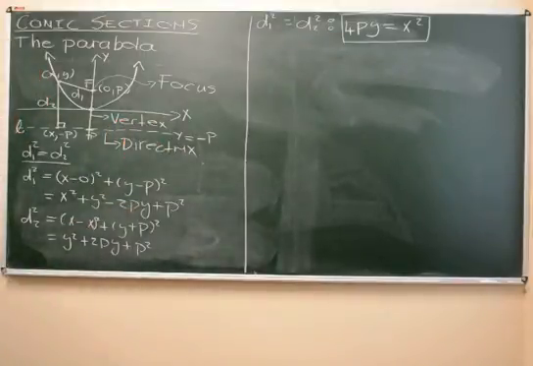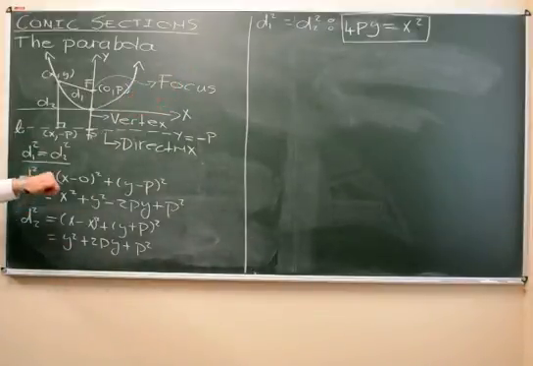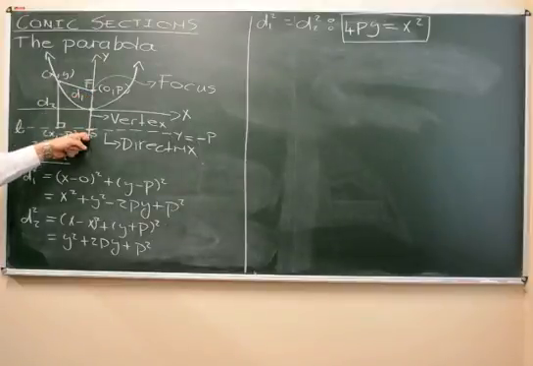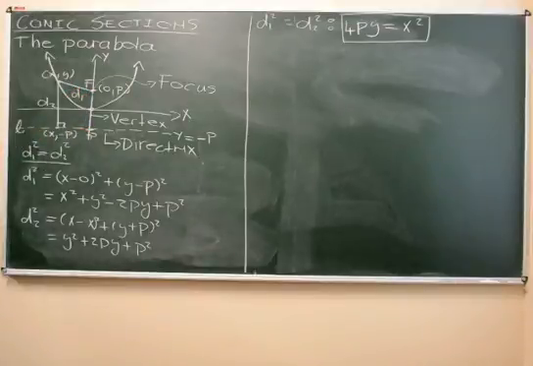So for a parabola, 4py equals x squared, the focus is at (0, p), and the directrix is y equals minus p. Notice that the vertex sits exactly halfway between the focus F and the directrix, so in this case at (0, 0).